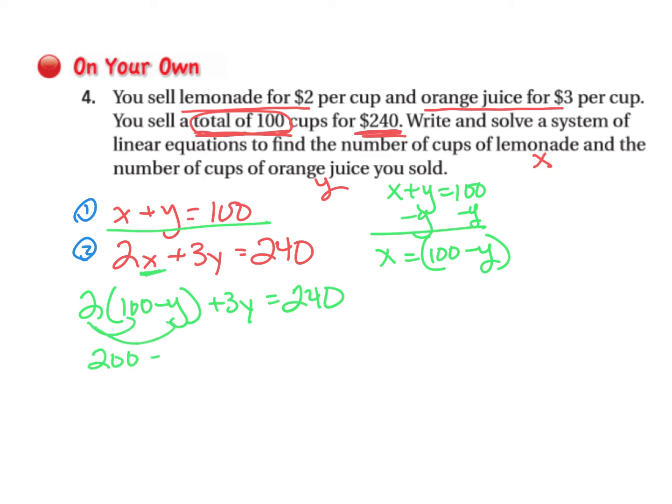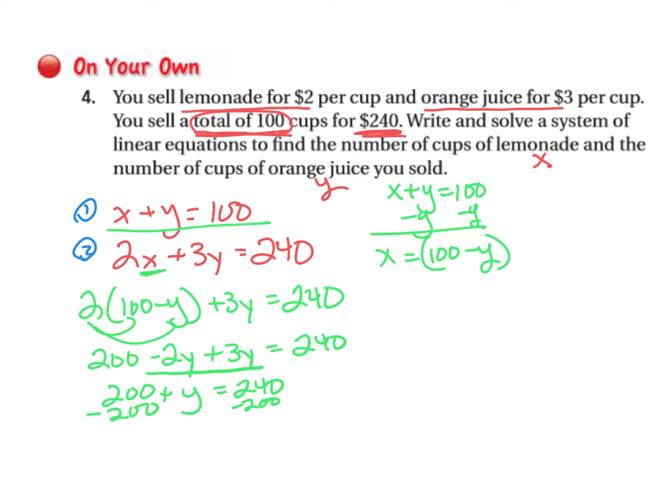So 200 minus 2y plus 3y equals 240. Negative 2y plus 3y just gives us a y, positive y. So 200 plus y equals 240. Subtract the 200, so I have y by itself. 240 minus 200 is 40. So there's our y. I'm going to plug that in up here. 100 minus 40, x equals 60.